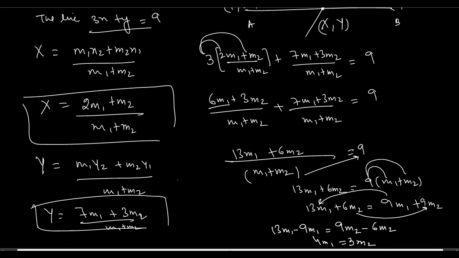Now write M1 upon M2 and wisely put the value: is it 3 upon 4 or 4 upon 3? When you write 4 in the denominator and 3 in the numerator, you can check by multiplying again that you get the same value, 4M1 and 3M2. Got it?